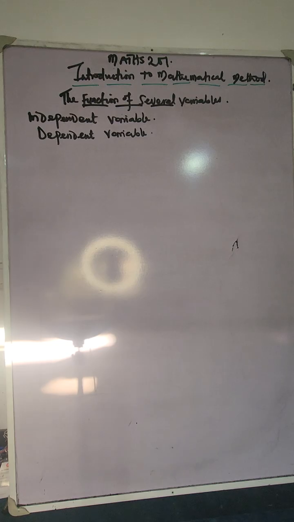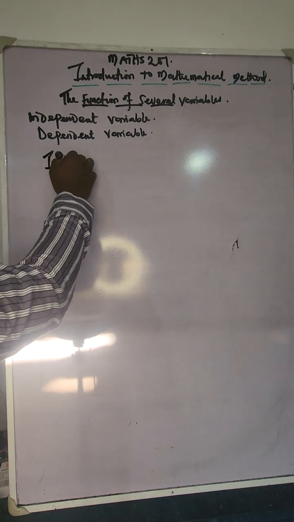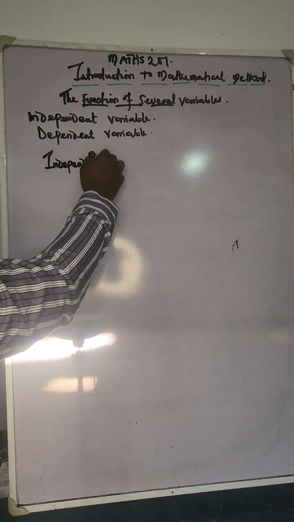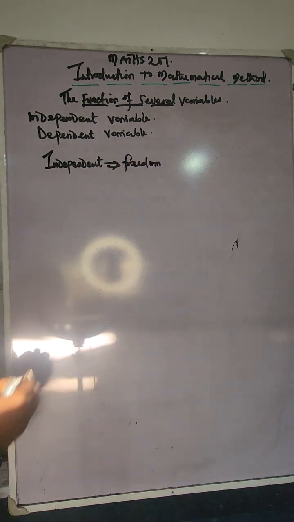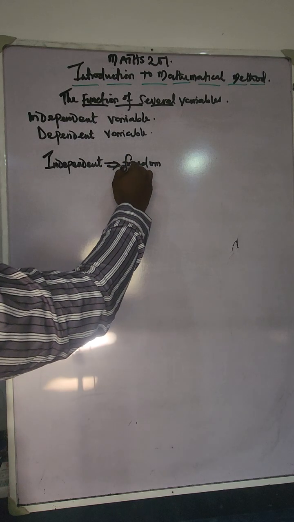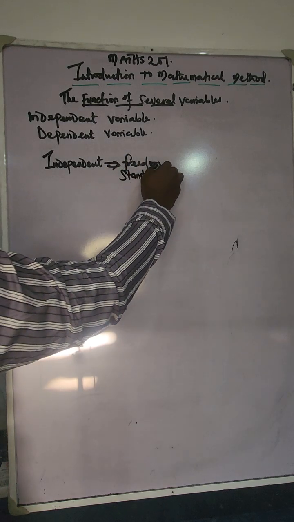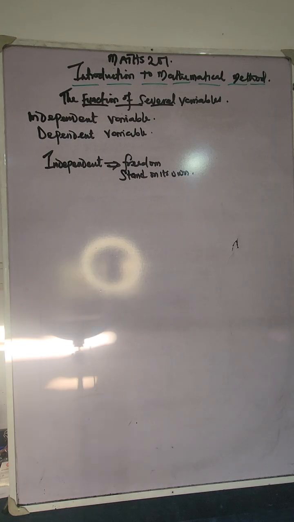So when we say a variable is independent, the word independent connotes freedom, right? It means it can stand on its own.